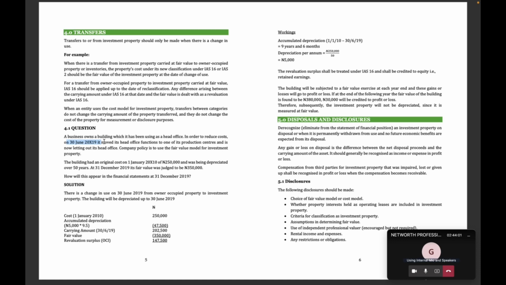So now they are asking how it will appear in our financial statements as at December, knowing that this asset was acquired in 2010 for 250 and we have been depreciating it. And at the end of that December, its fair value is now 350. You see, the main thing is this, right? I know the fair value is 350, but let me start from the beginning, right?